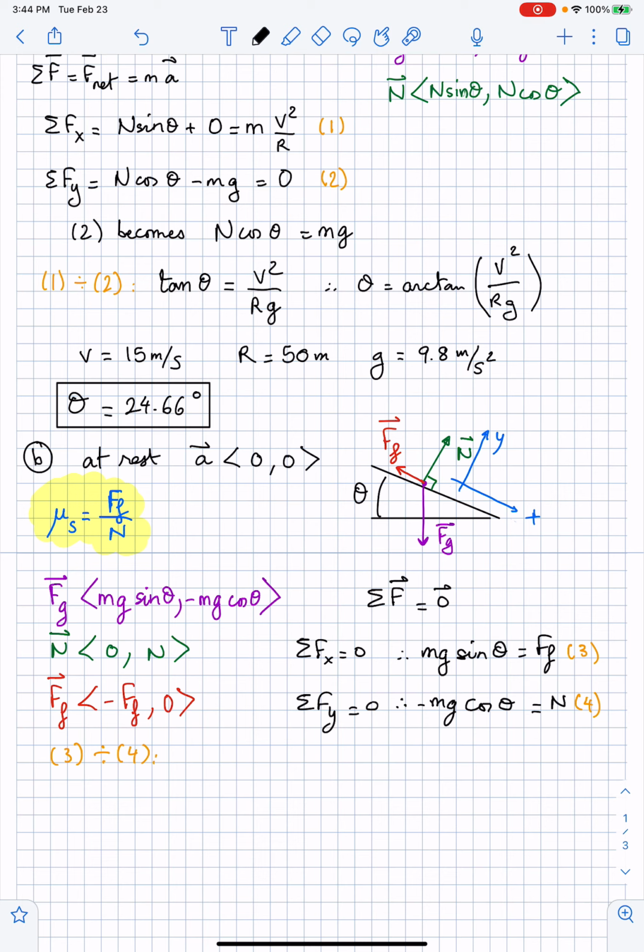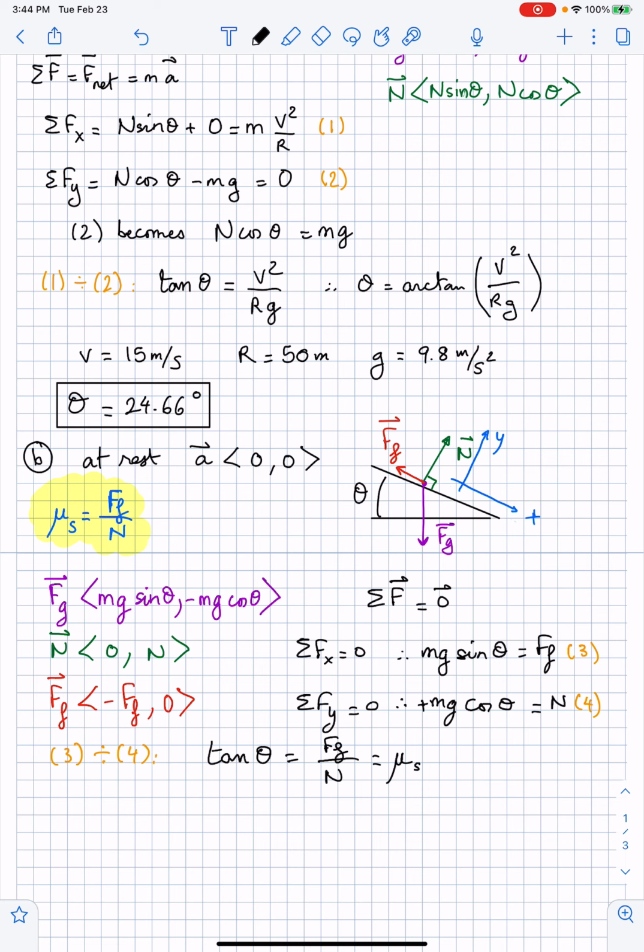The mg is cancelled, so you're going to be getting sin theta divided by cosine theta, so tangent theta. And this is going to be a positive. I made a small algebraic mistake. And it's going to be equal to the force of friction divided by the normal force, which by definition is the static coefficient of friction.